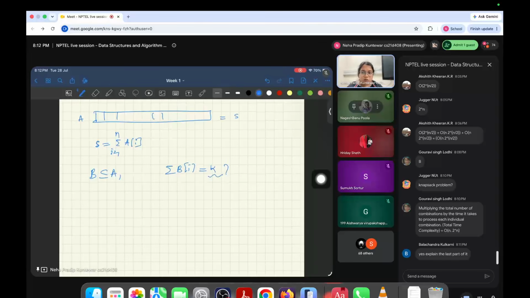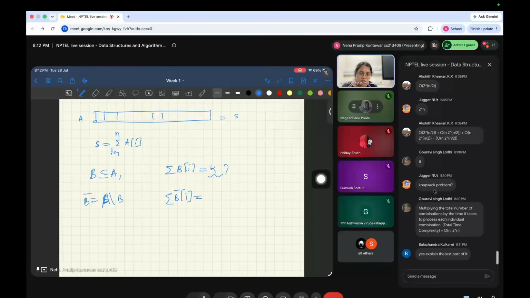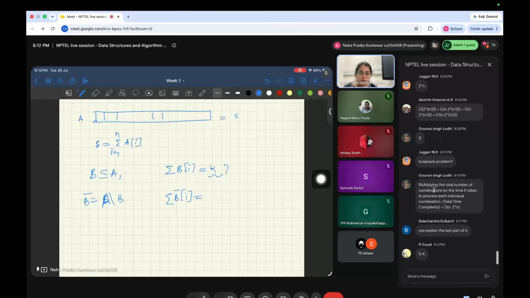If this sum is equal to k, what is the sum of the complementary set of this? So let's say B complement is this set, A minus B, then what is this sum going to be? Yeah, good. So this is S minus k.